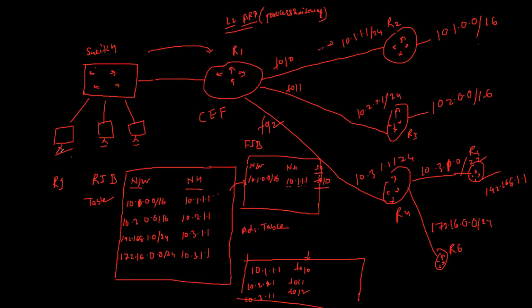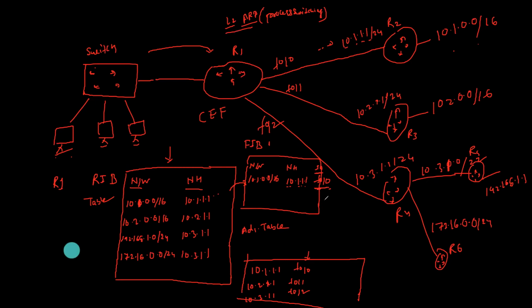Now let's say traffic is coming from this system to this network. Router is not going to look at its RIB table. Router is going to look at its FIB table. On the FIB table, it would find that the destination next hop is 10.1.1.1. What is the interface for this one? F0/0. So it is going to immediately send the traffic to this F0/0 interface instead of doing a layer 2 lookup.